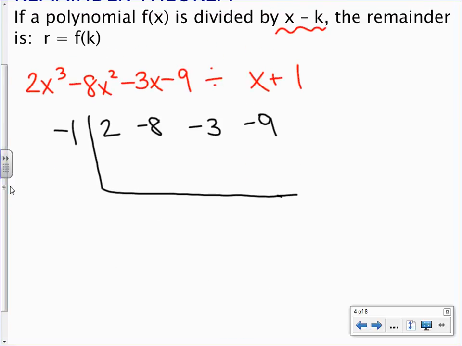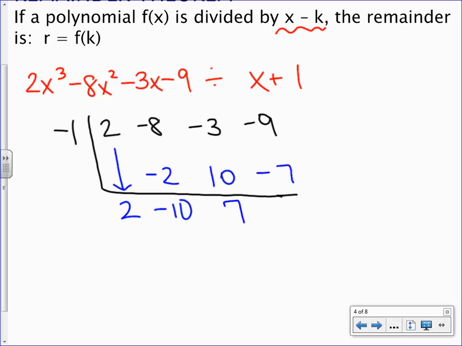All right, now for the fun. So we bring down 2. What goes here? -2. Add them together to get -10. Multiply to get. Add to get 7. Multiply to get.